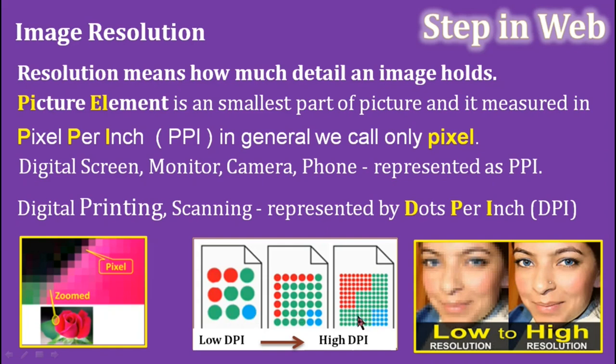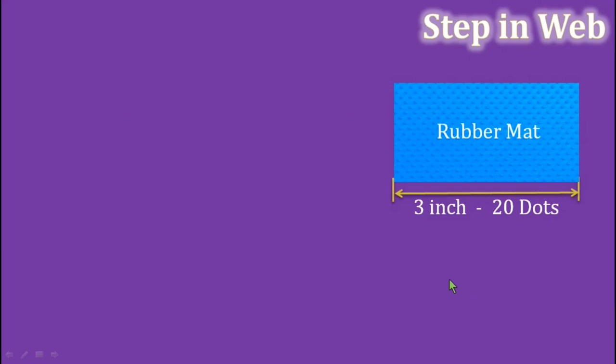In an image also, if the image is of low resolution, you can see a lot of pixels clearly visible to our eye. If we have a high resolution, then the picture will be very clear. In this image, you are seeing one rubber mat. That rubber mat's width is 3 inches and it has 20 dots width-wise.